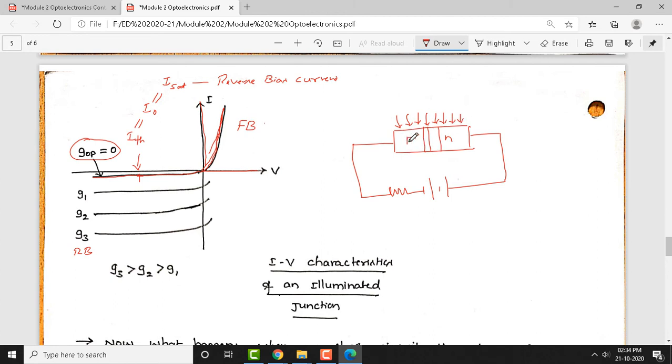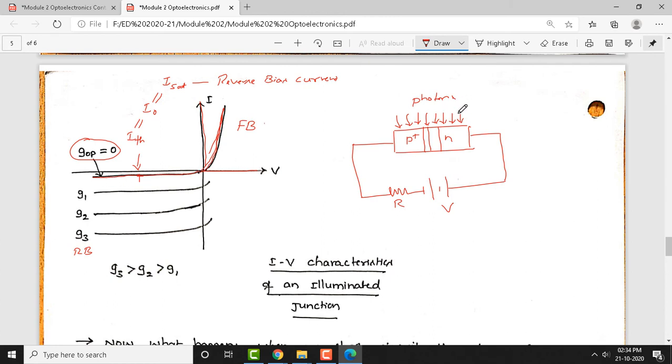Now, what happens here? It is reverse bias. Let us say this is the voltage V under reverse bias, and this is the resistance R. Because photons are illuminated on this entire PN junction. Without this light illumination, it exhibits this characteristics.